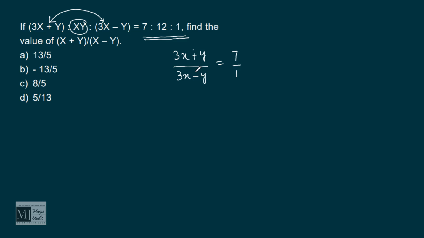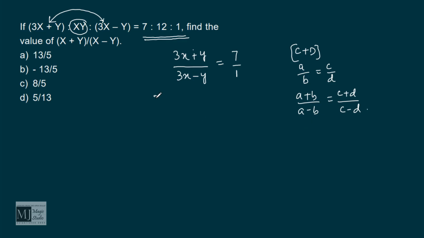As soon as we see this plus and minus sign, what we start doing is componendo and dividendo. That means if A by B is equal to C by D, we can write this as A plus B upon A minus B is equal to C plus D upon C minus D. That is the rule for componendo and dividendo, isn't it?